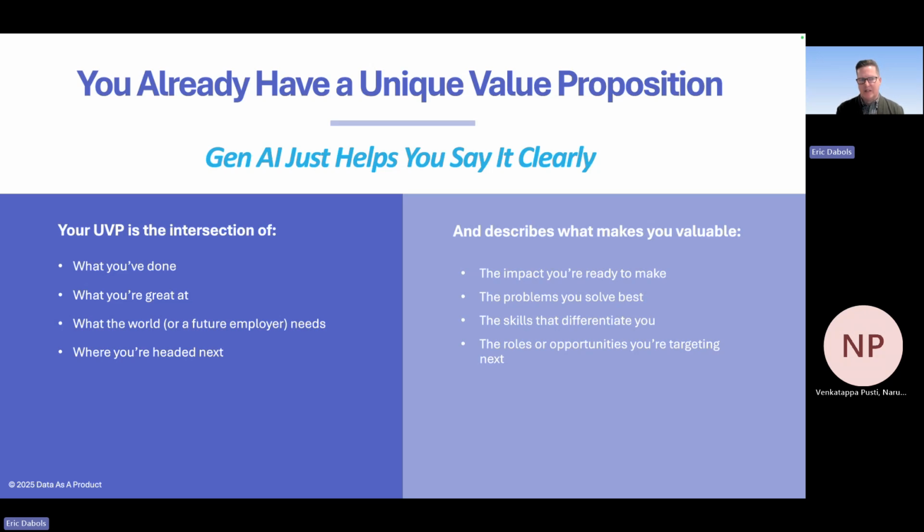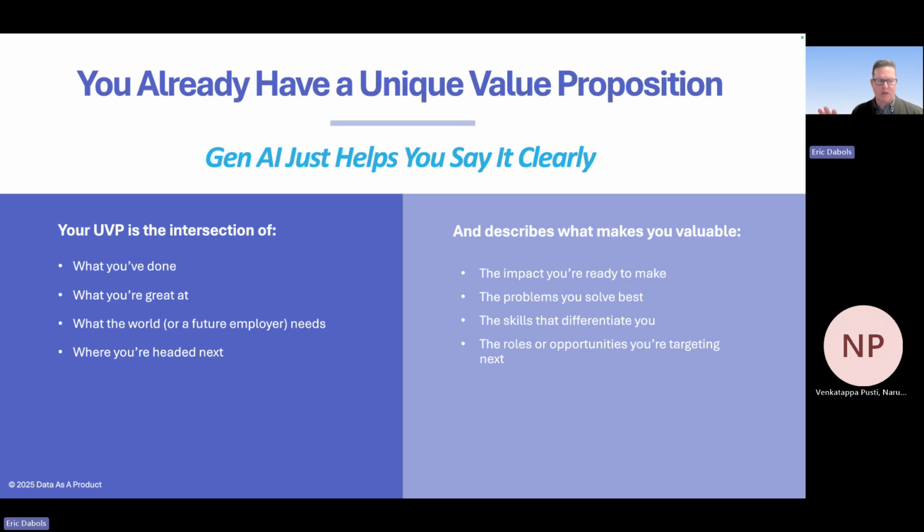What it's going to do is help you take all of that and say it clearly, in a way that can be packaged into a resume and a cover letter, so that when you're presenting yourself in front of a prospective employer, whether for a job opportunity or maybe an opportunity to participate in an event, you're putting forward the best version of you that's tailored for that event.